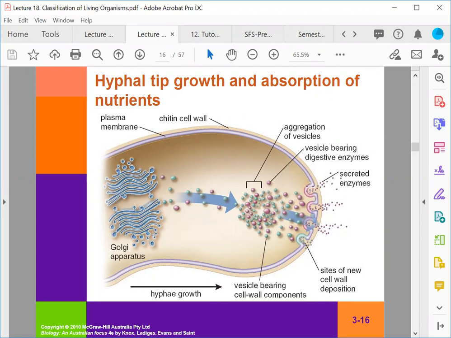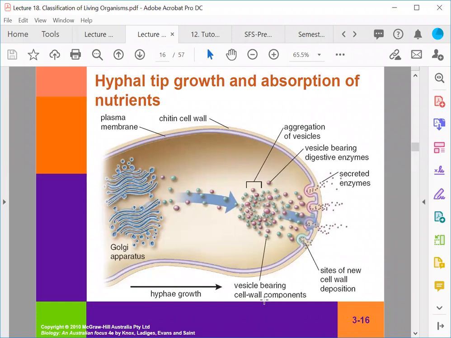So of course they're released by that process called exocytosis, and then nutrients are taken in to the cell using the process called endocytosis.